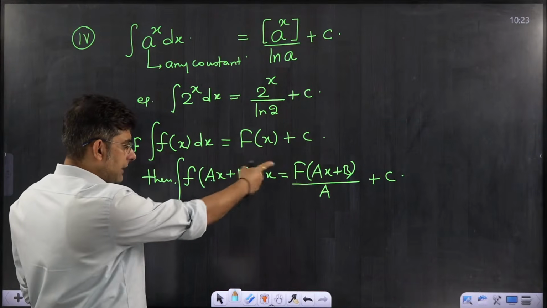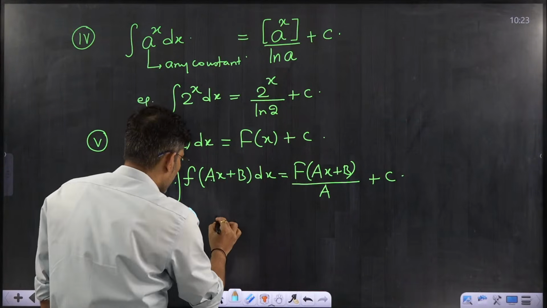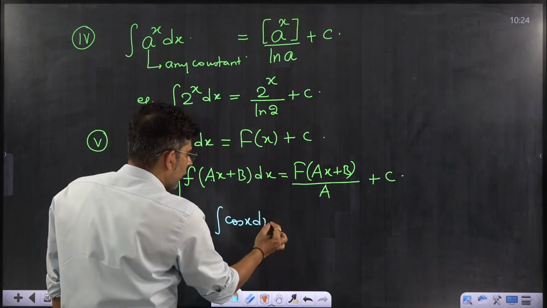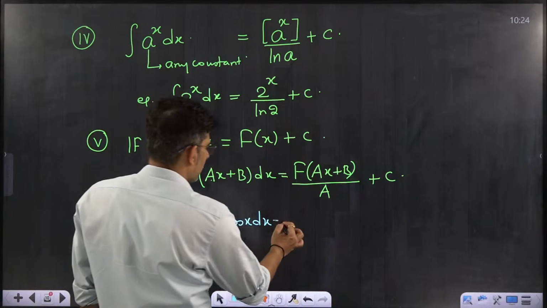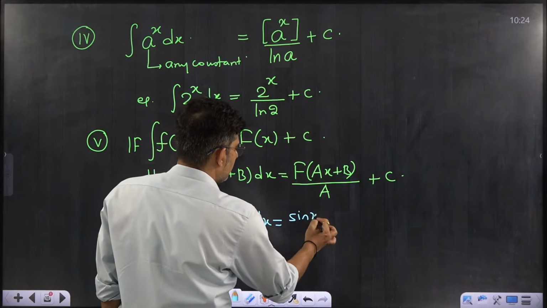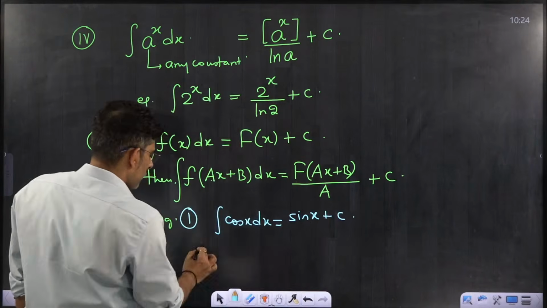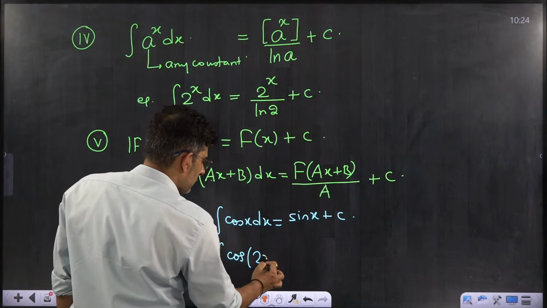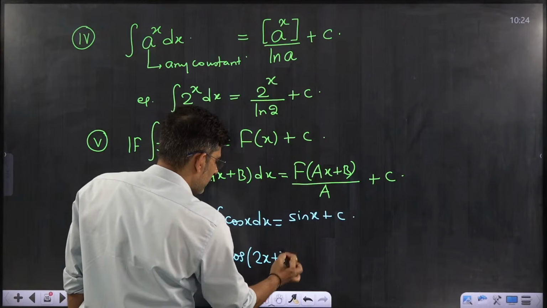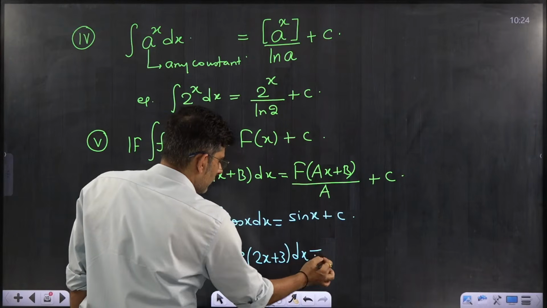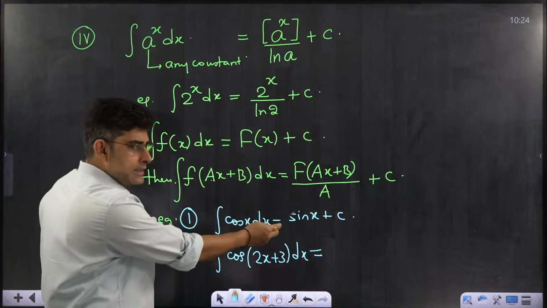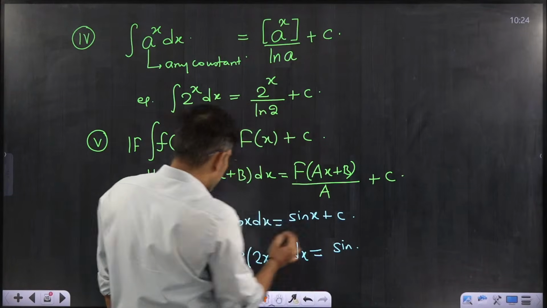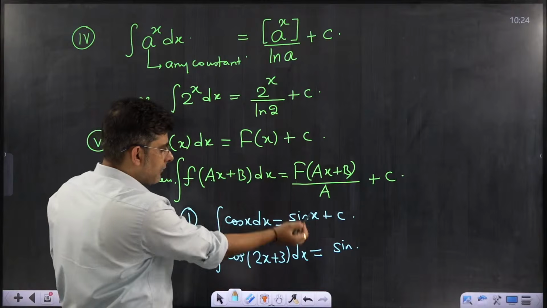We know that if I give the integral of cos x, the answer is sin x plus c. Very good. So if they say integral of cos of 2x plus 3, the integration of cos is sin. So small f is cos, capital F is sin.